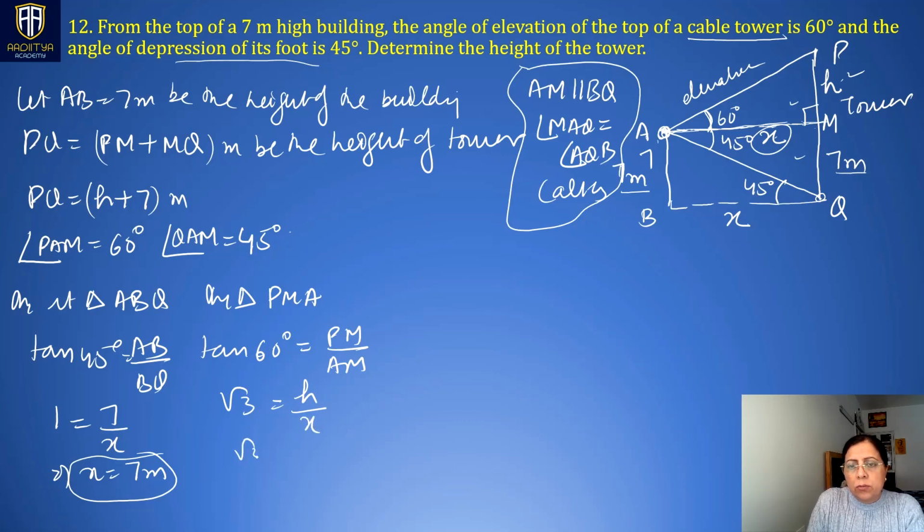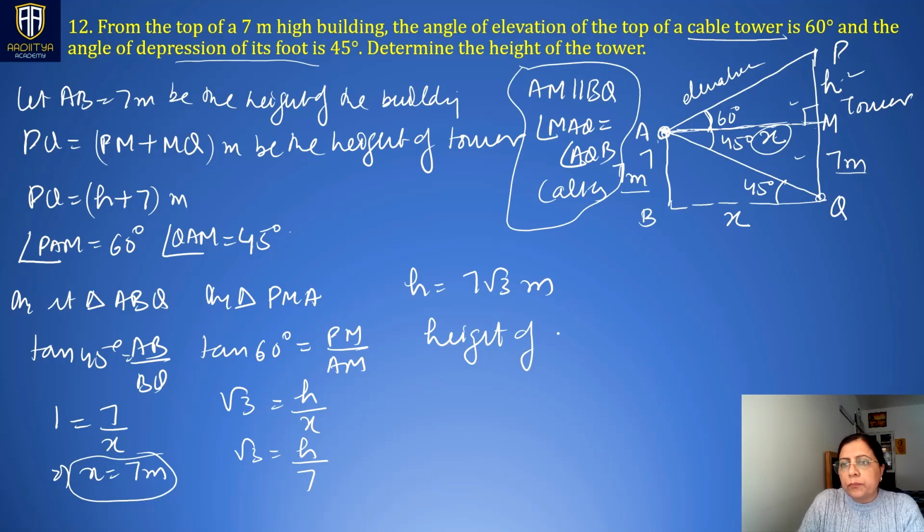So we can write root 3 is equal to H upon 7. So we can write H is 7 root 3 meters. Right? So height of the cable tower is equal to PQ is equal to H plus 7 meters. So we have H is 7 root 3 plus 7 meters.